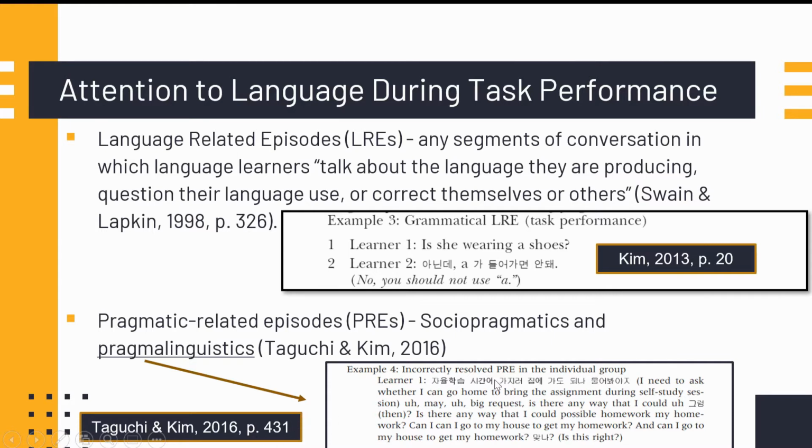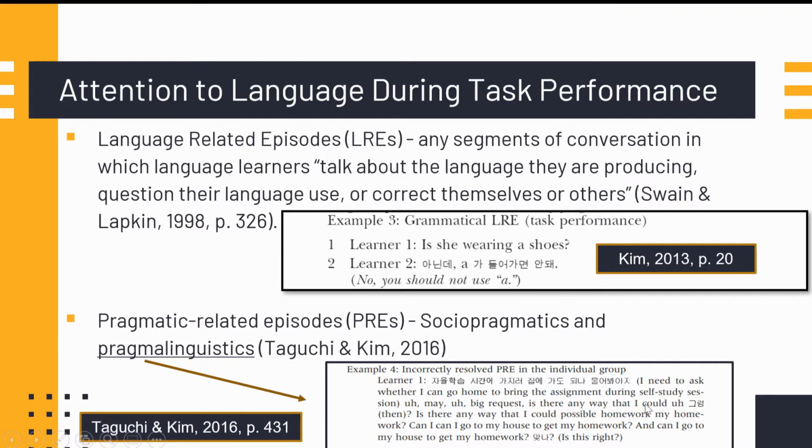In this think-aloud protocol, students were doing a drama script writing task, and they had to decide what form of request head act they wanted to write in the drama script. In this case, the target interlocutor was the teacher. The student is thinking, I should ask whether I can go home during self-study time to get something. Or maybe a big request, because this was for the teacher.